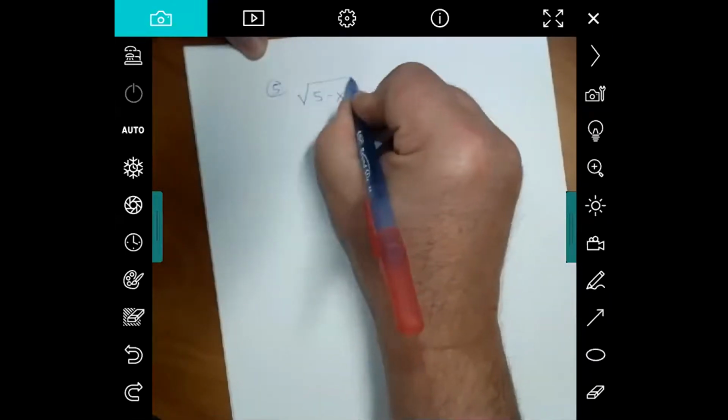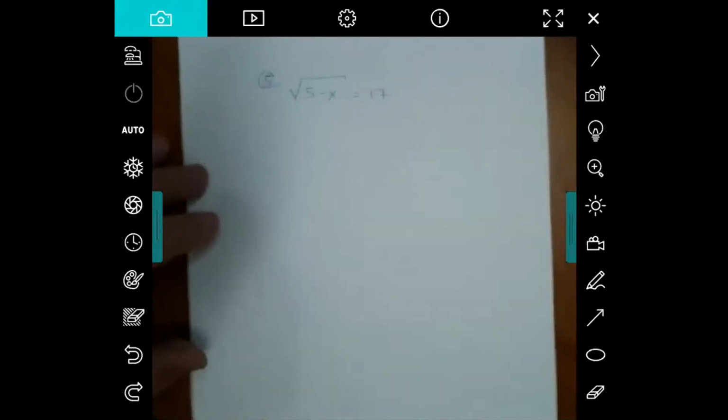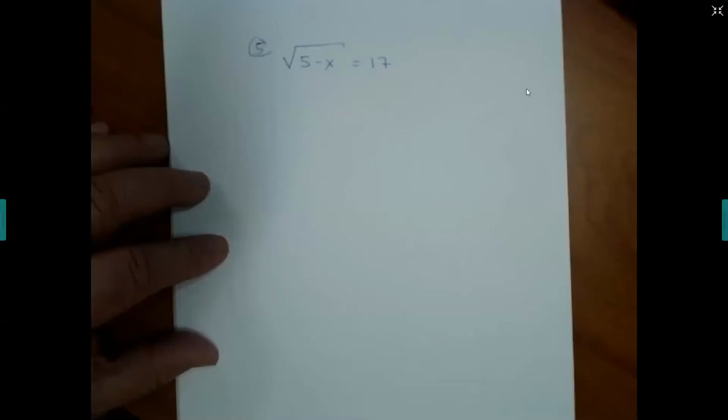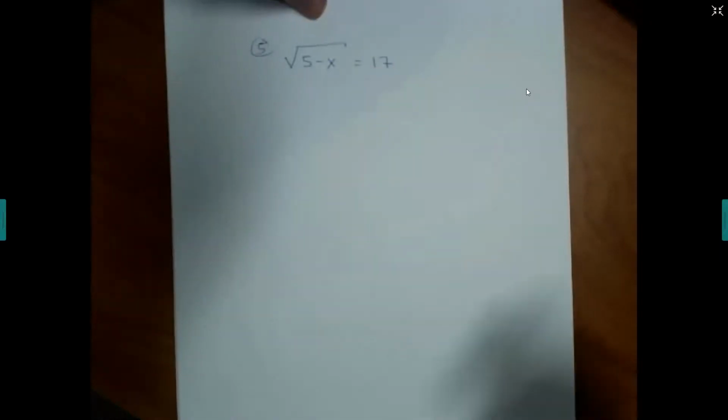The square root of 5 minus x equals 17. So first step is what?